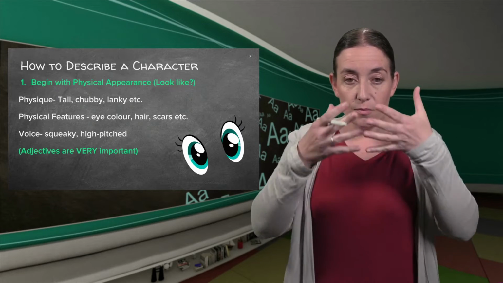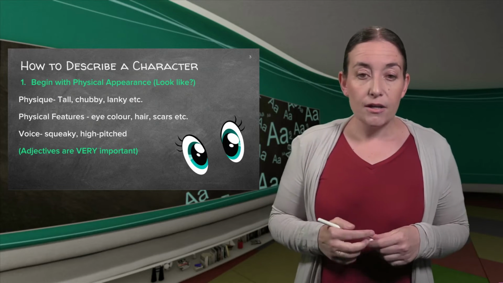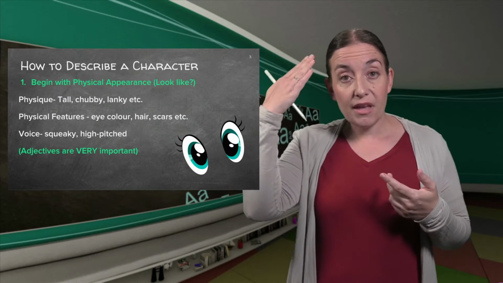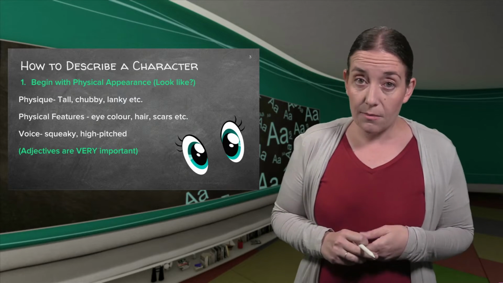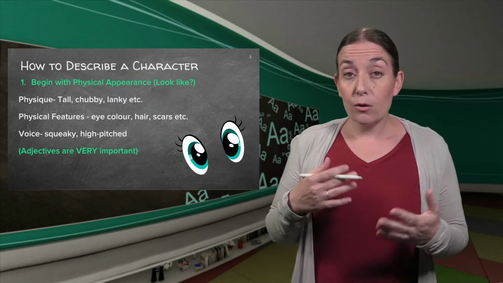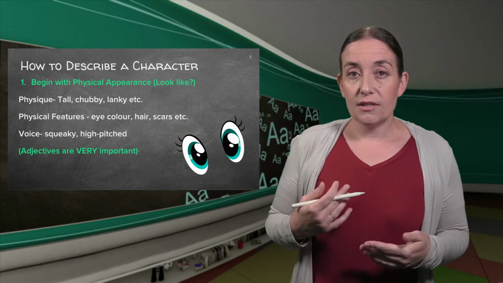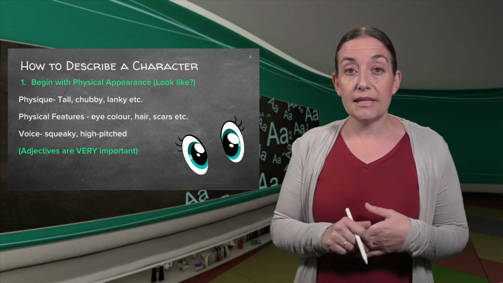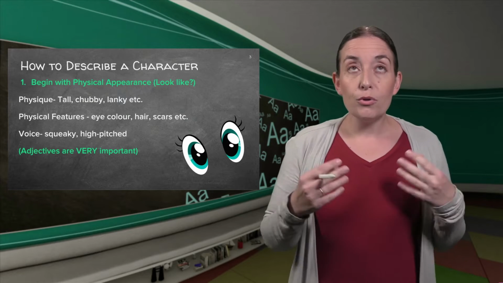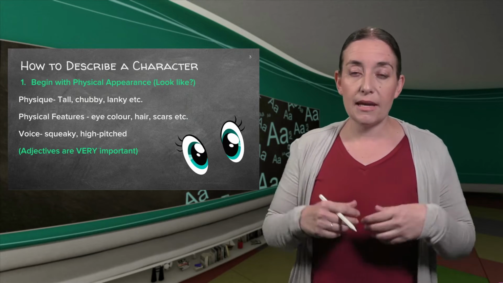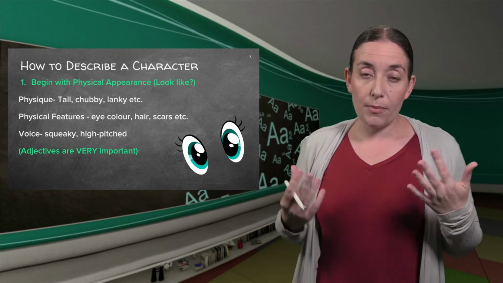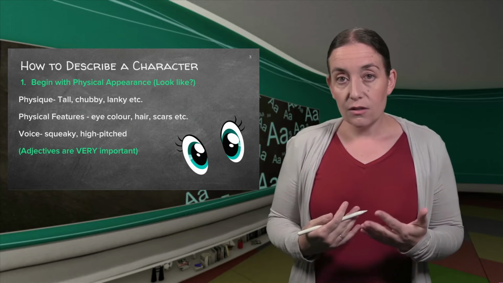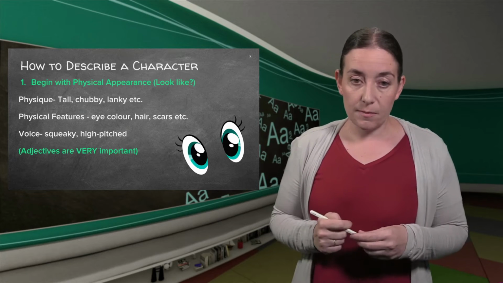Physical features, so basically what they look like on the outside with regards to their eye color, hair, any scars or features that they may have on their body, those sorts of things. But you're not going to just say blue eyes. You're going to say light blue eyes or beautiful bright blue eyes and long strawberry blonde hair. More adjectives so that we are able to picture the character a bit better.